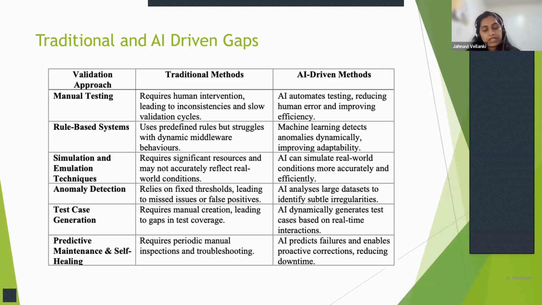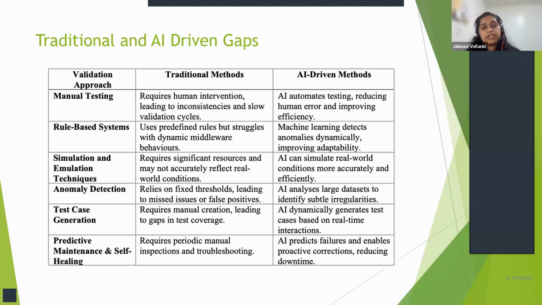When you think about testing, the test case generation and testing is a very much manual process. And as we talked a little bit above with simulated testing too, there are a lot of limitations that you can do with manual testing. When you think about the AI-driven methods, you will have AI dynamically generate its test cases based on the real-time interactions and the data set that you're feeding it.